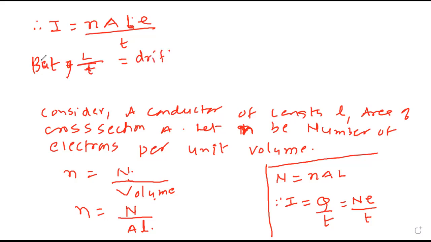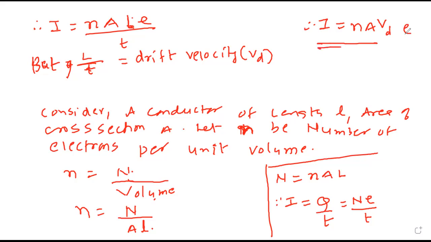So distance upon time covered by the electron to come out of the conductor can be written as drift velocity, denoted by v suffix d. So I is n A v_d into e. I remember this connection like this: I is neAv, where v is actually drift velocity. So this is the relation between current and drift velocity.